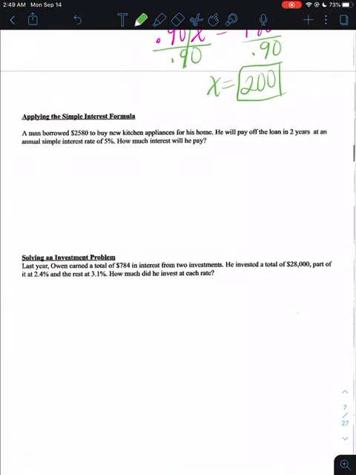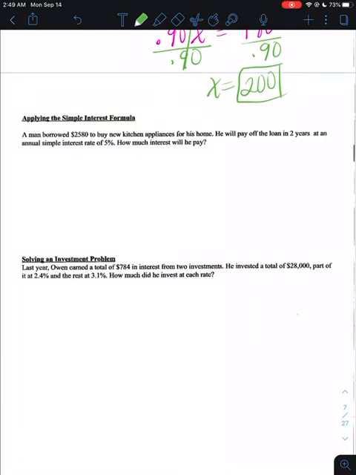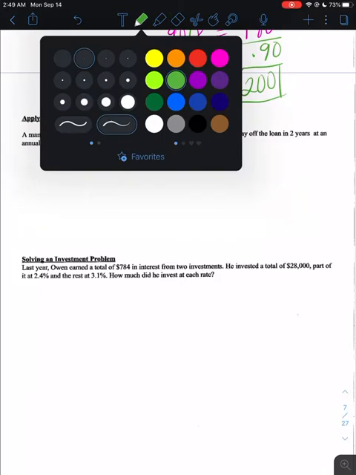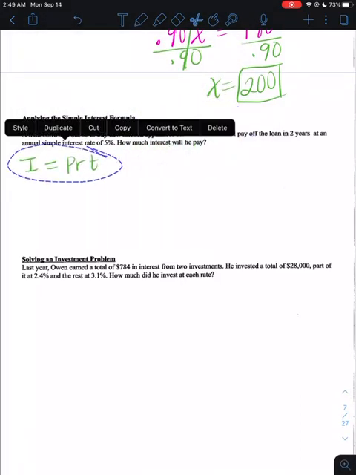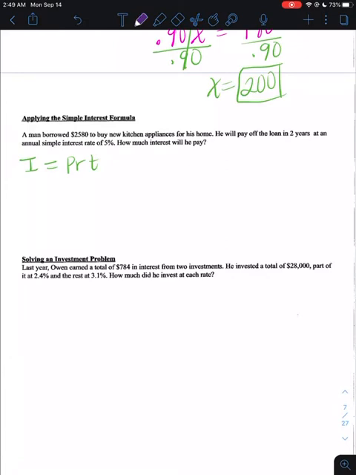All right, and the last part deals with interest. Simple interest. So you need to know the simple interest formula. Simple interest is I equals PRT. So I is the interest.